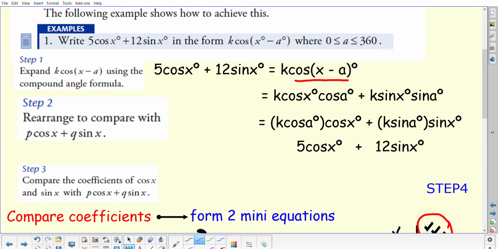So you're going to go to your formula sheet and you will be looking for the cos of (a minus b). Now that's the one that's got the cos, and then the cos one always goes on the opposite sign, so it's got a plus in it, and then you get sin. However, we've got a multiplier of k at the front.